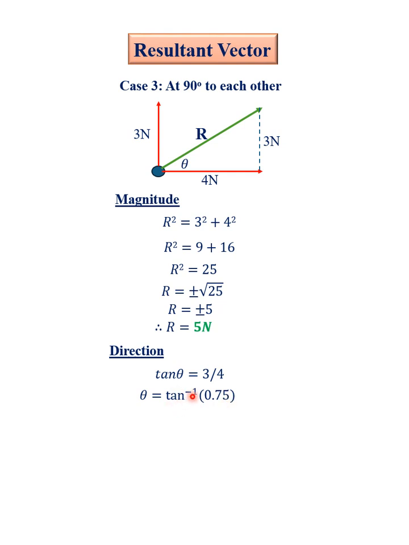You call this tan inverse of 0.75, or you can say arctan 0.75. If you put this value into your calculator, it will give you theta as 36.9 degrees. It means the angle here is 36.9 degrees.